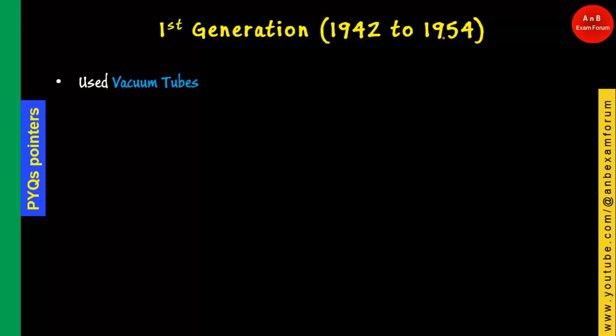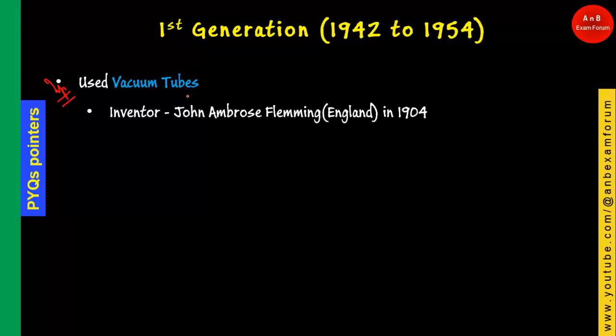Okay, so the very important point for the first generation, which we have seen multiple times in questions, is which technology was used. For this, vacuum tubes were used. This is a very important pointer. So which of the following components were used in the first generation? It is vacuum tubes. And you can ask me, what are vacuum tubes?